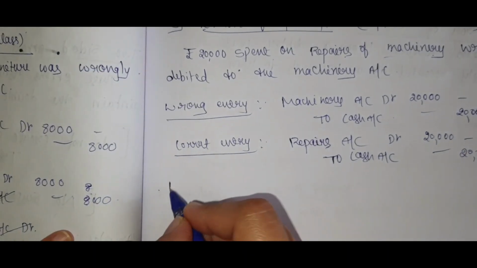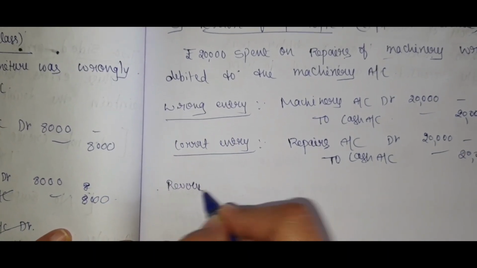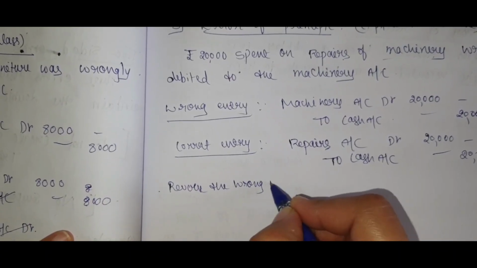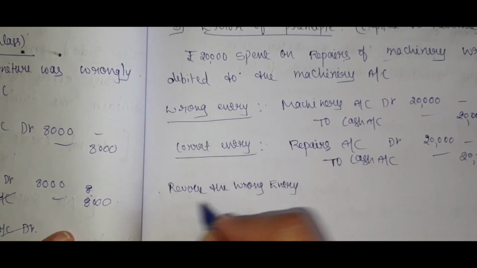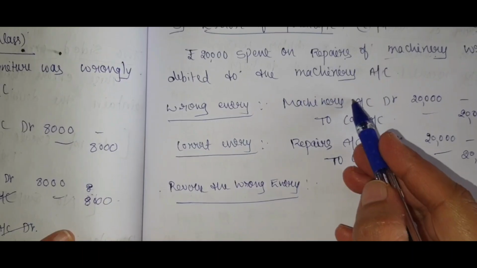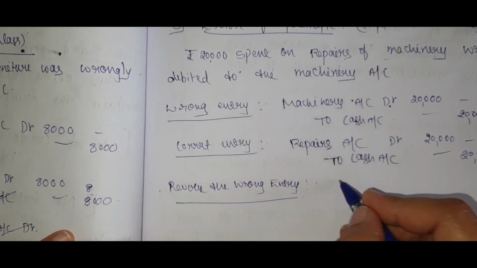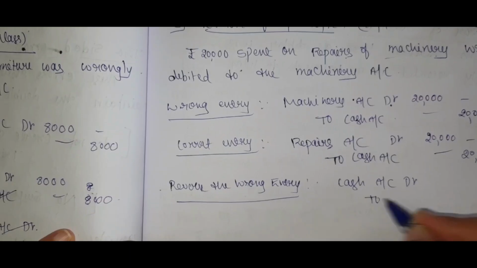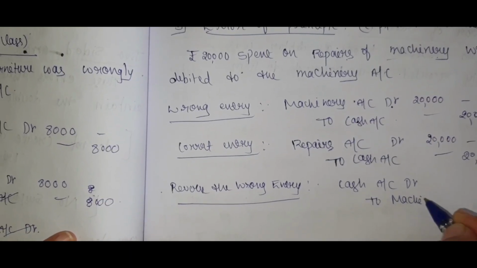Now reverse the wrong entry. What is our wrong entry? Machinery account debtor to cash account. So reverse the wrong entry, that is cash account debtor to machinery account.